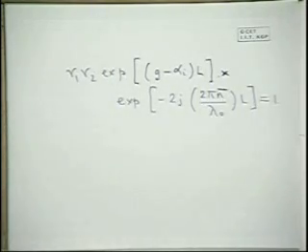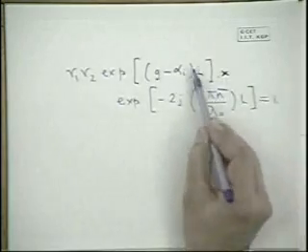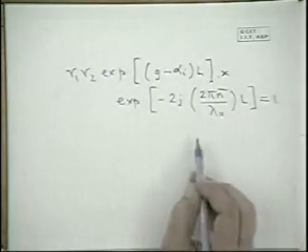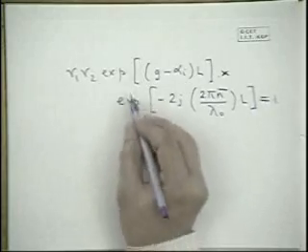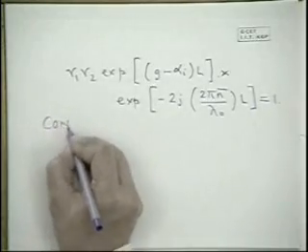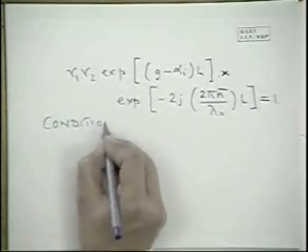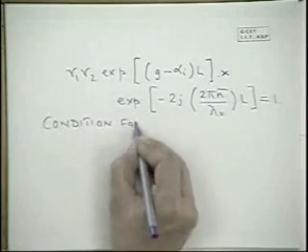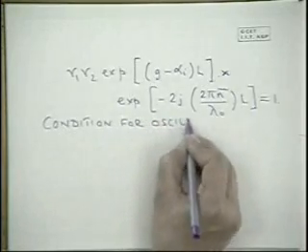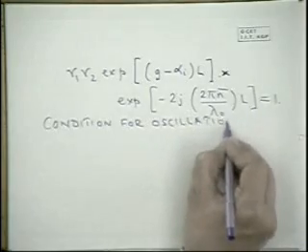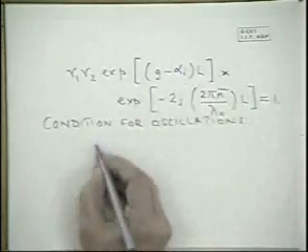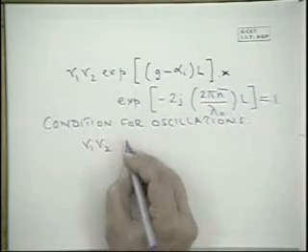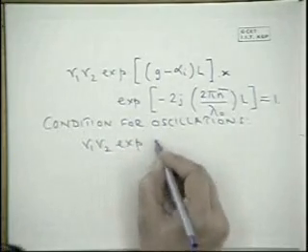Now if we look at the two parts, the real and imaginary parts, we get the conditions for oscillations. There is an amplitude term and there is a phase term. The first part gives the amplitude term. For the amplitude term there must be enough feedback.